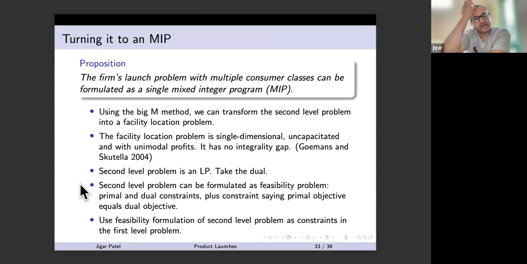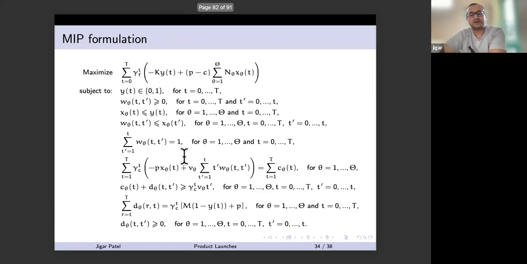You use ideas from optimization, things like the big M method and facility location results. Michael Gomans did quite some research on this facility location problem at MIT. Then you do primal dual and some other calculations to reduce it to a nice problem.